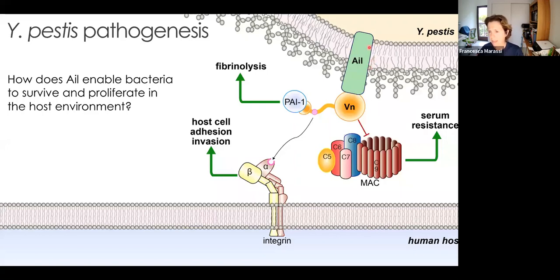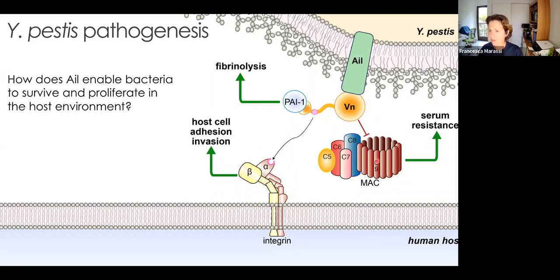Amongst the things that we discovered about this protein is the fact that it binds to vitronectin, VN, this abundant blood protein that circulates in our body, and is important for interacting with integrin ligands to promote host cell adhesion and invasion. It's important for regulating coagulation and fibrinolysis, and I won't go into all the pathways through which it does that.